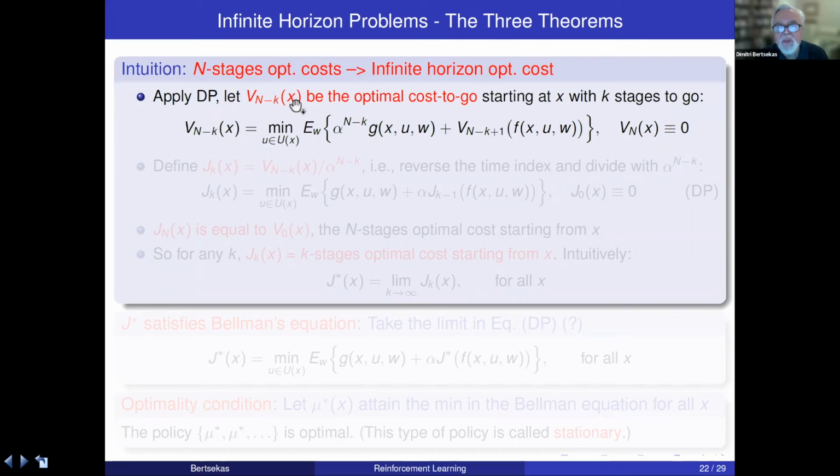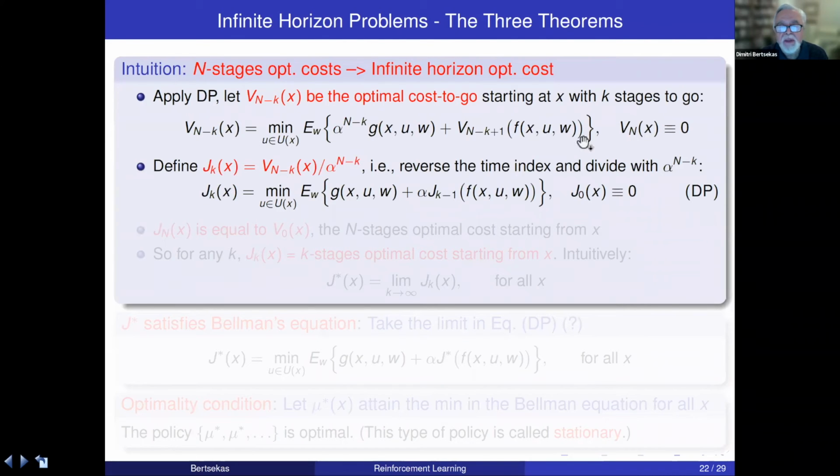So we introduce this notation here. V sub n is the terminal cost, and we go backwards like this to Vn minus 1 and so on.